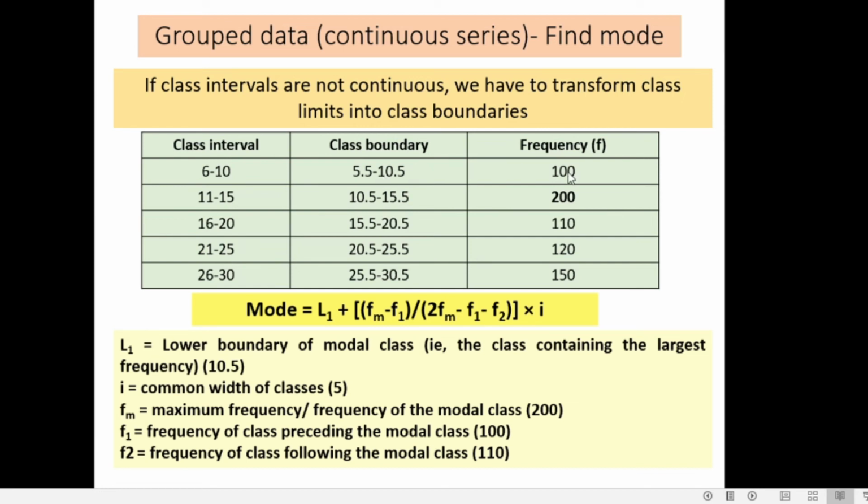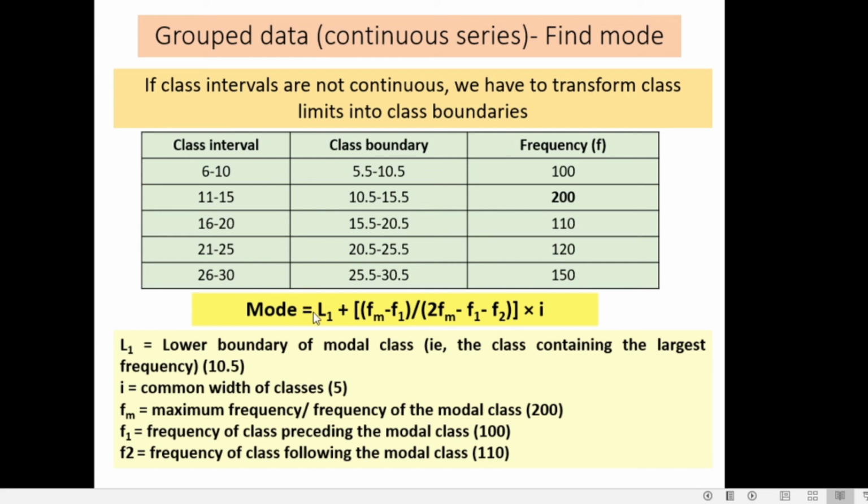It is 100. Now what is F2? F2 is the frequency of the class following the modal class, that is 15.5 to 20.5. What is its frequency? 110. So that is F2.